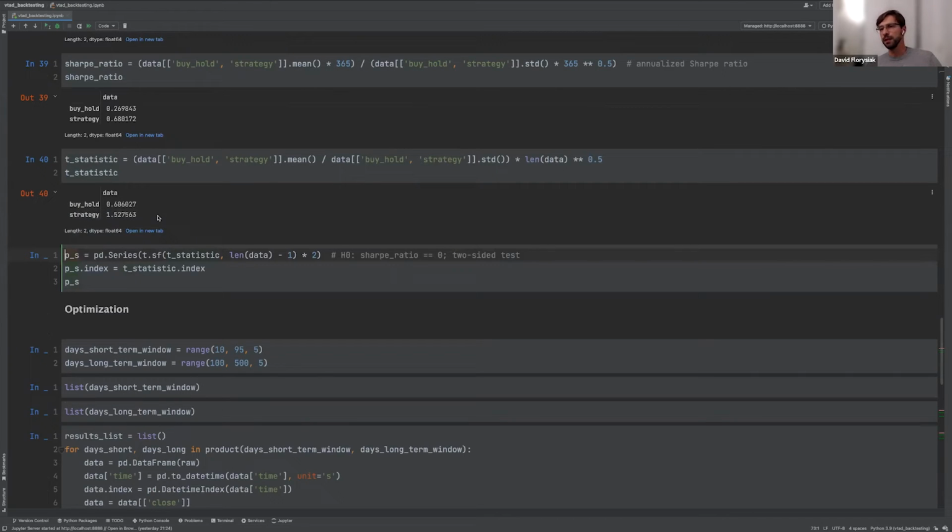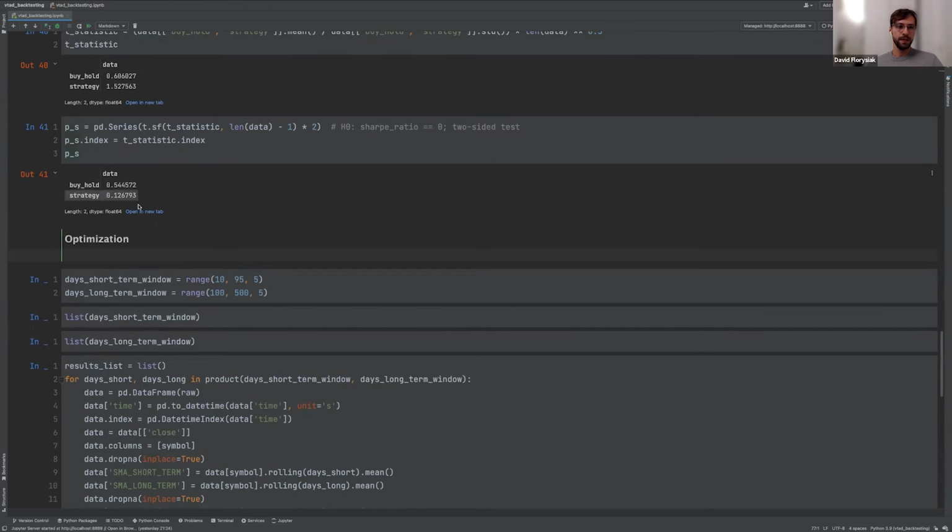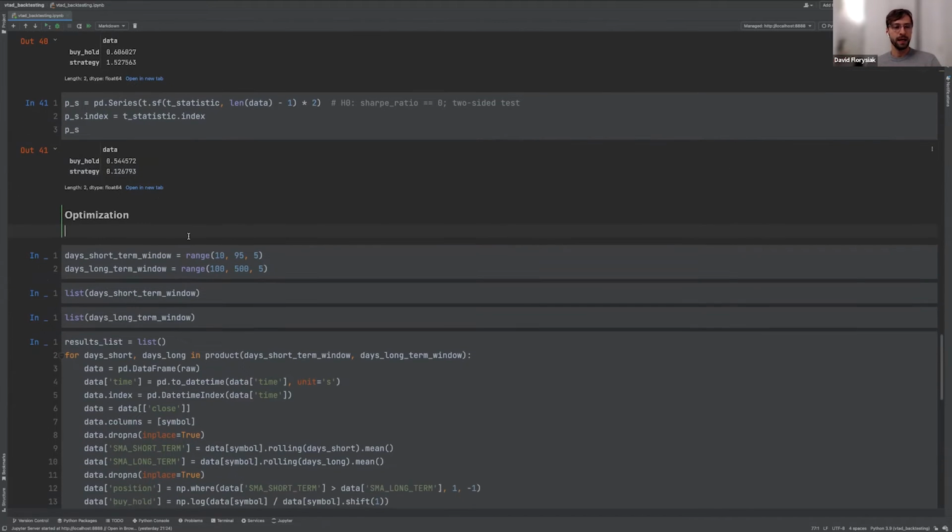If you're familiar with statistics, 1.52 as a t statistic is not significant. So let's check. The p-value is actually 12%. This is above every significance level where we would be confident to reject that this is not a profitable trading strategy.